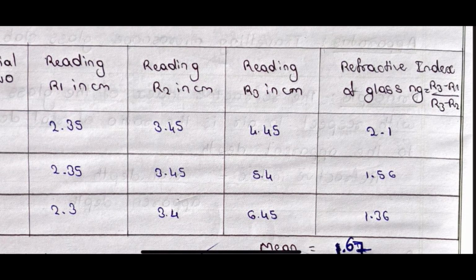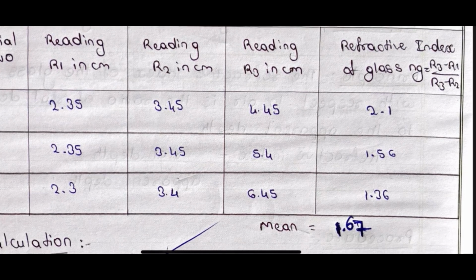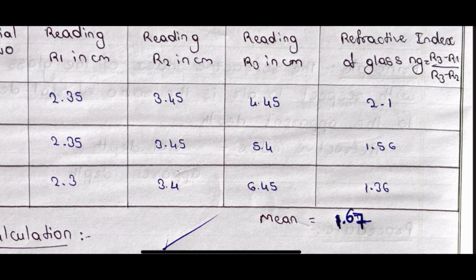And this is the tabular column. Here our students took 3 readings. First reading: R1 is 2.35, R2 is 3.45 and R3 is 4.45. After substituting these values in the Ng formula, we get 2.1.